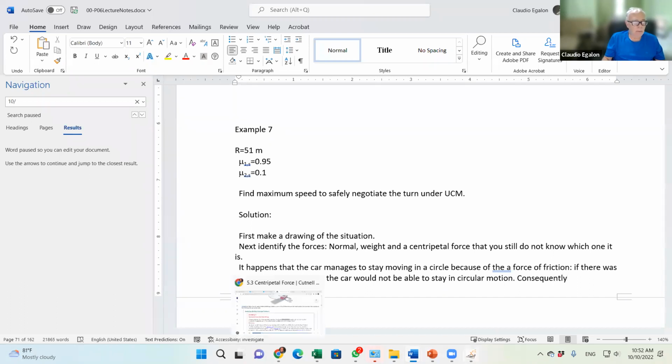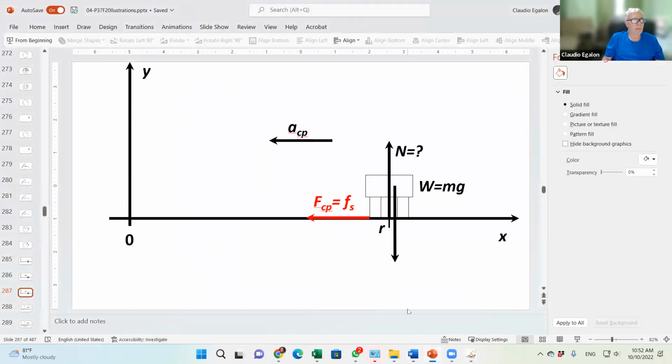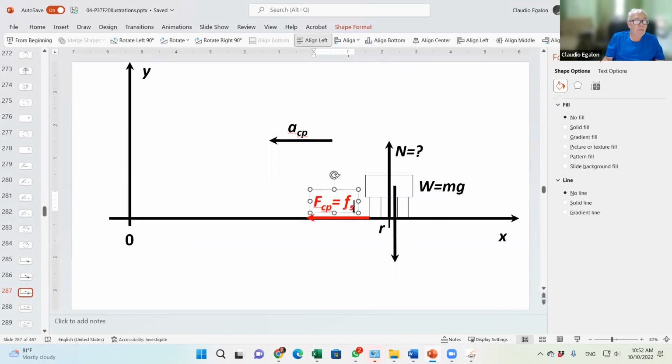But there is more to it. Why is it static friction? There's a reason why it's static friction. It is static friction because the car is not moving away from the center of the curve. The distance from the center of the curve remains the same no matter what. That's why it has to be a force of static friction.